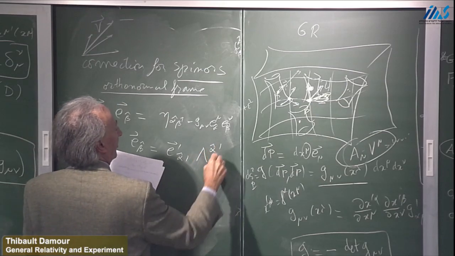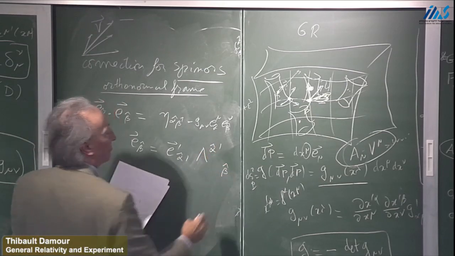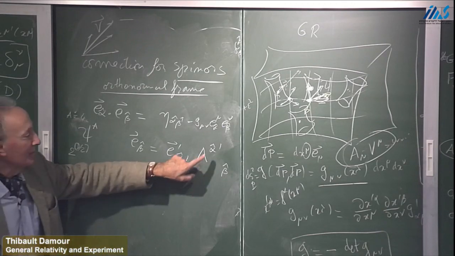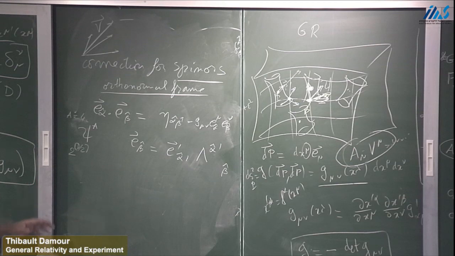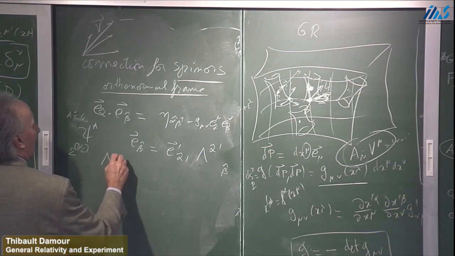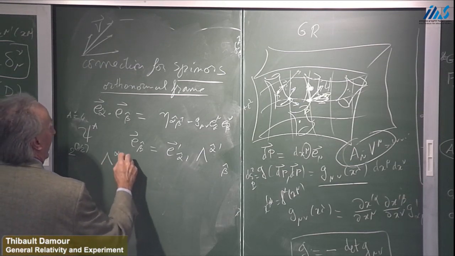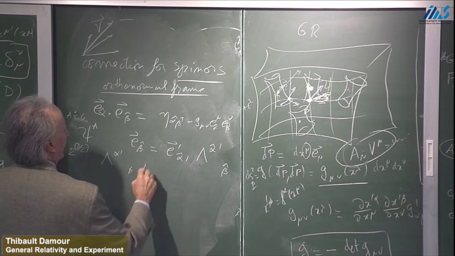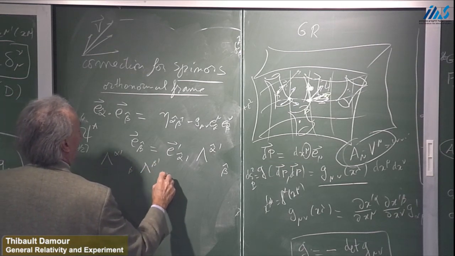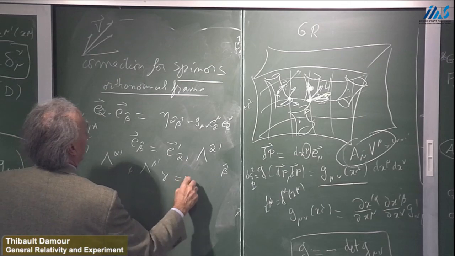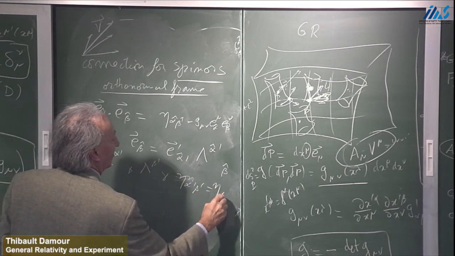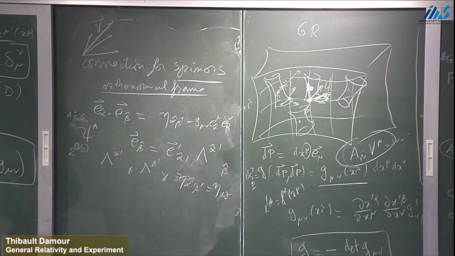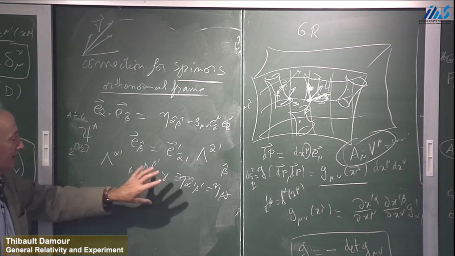This group of local Lorentz rotations is technically represented by matrices Lambda, such that this matrix is a Lorentz matrix. Okay, it is such that Lambda_alpha' beta Lambda_beta' gamma eta_alpha'beta' is eta_beta gamma. It is a matrix that preserves the special relativistic metric eta.